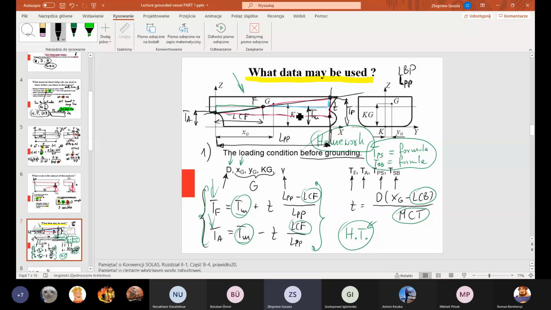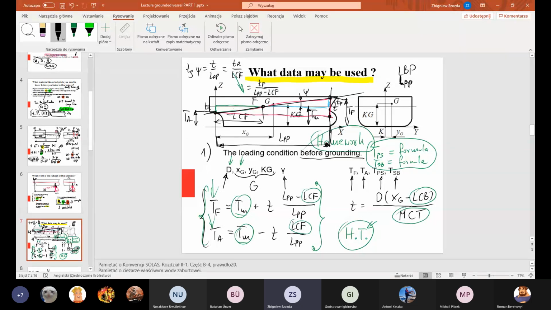The tangent of the angle of trim is T over LPP, but at the same time it is TR over LCF, and at the same time it is TF over LPP minus LCF.